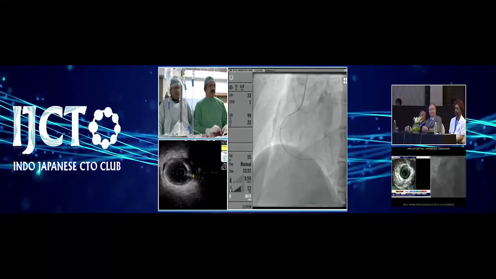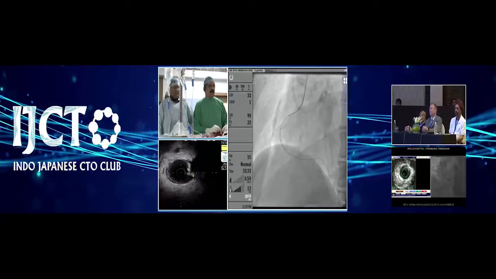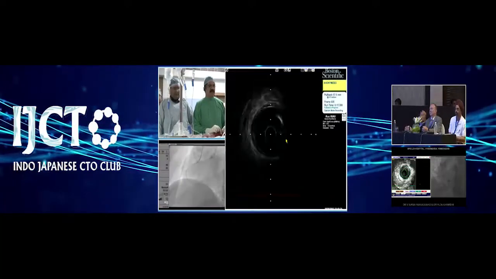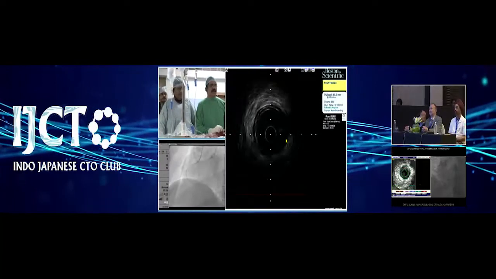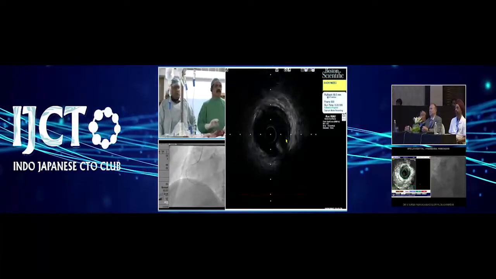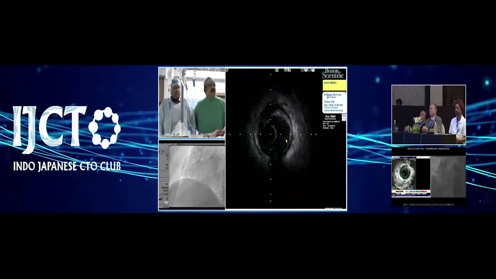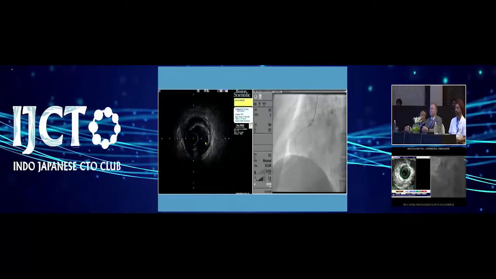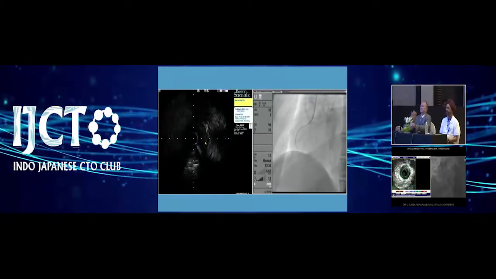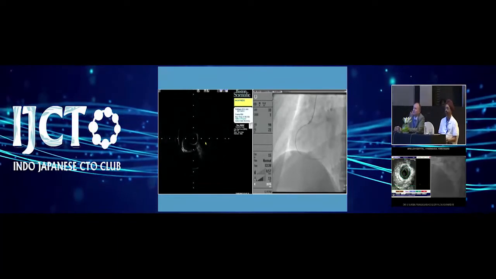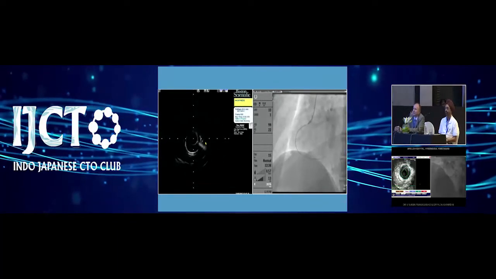Okay, make that IVUS figure please. Maybe I will make you the IVUS figure and flow. Yeah, and then you can put the figure. Now you can see at the ostium, the disease is there. You can see the calcium there. Now we are in the right side.